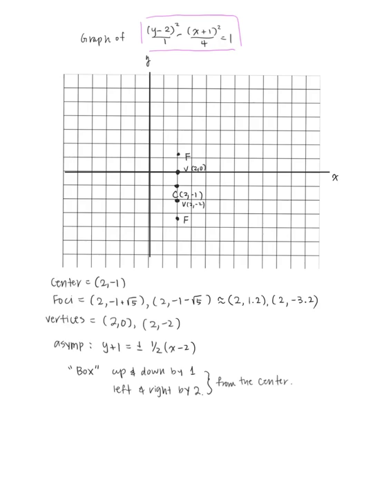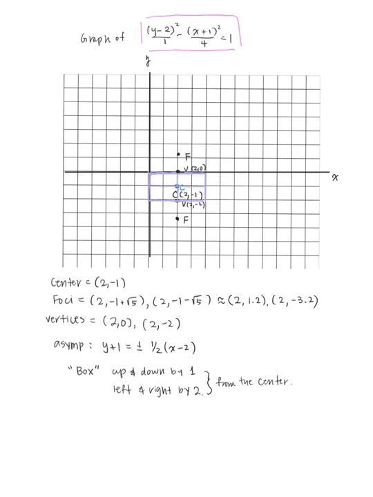Center is, God, there are so many dots going on. Center is right here, by the way. So this is our center. So from the center, we're going to have to go up and down by 1, left and right by 2. All right, so let me just make the box.